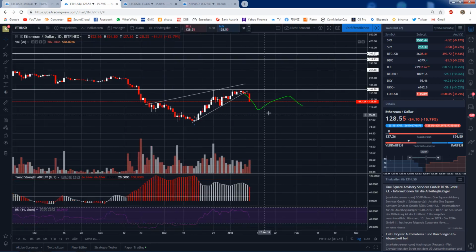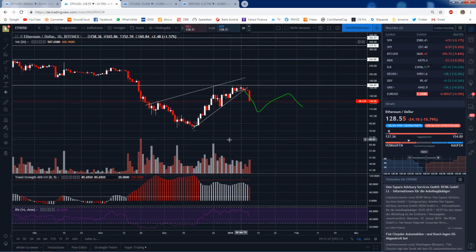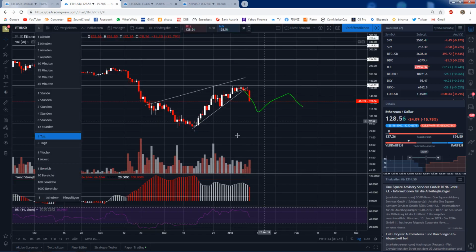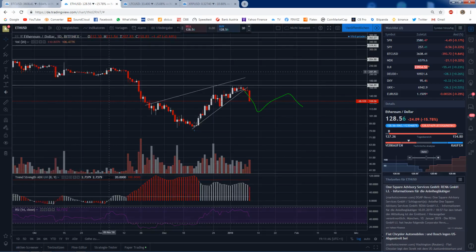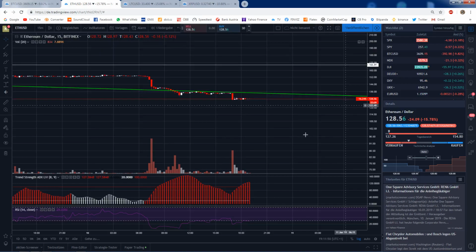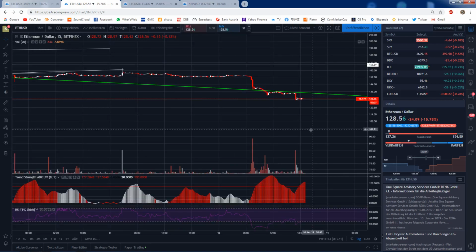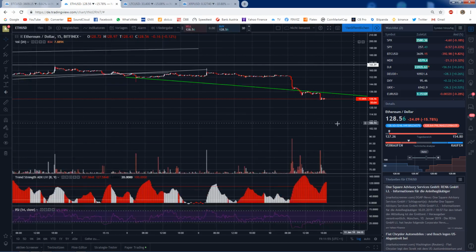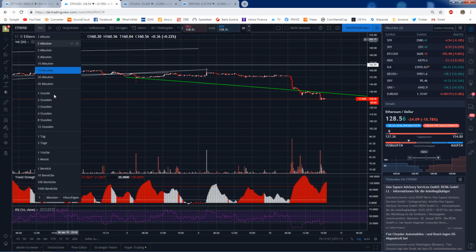I thought that we most likely see some move to the downside, more or less impulsive, and we broke this trend line, saw a retest, and now it came back down with some quite decent volume. You can see right here on the 50-minute, and we have now already reached around 16% in this drop today.